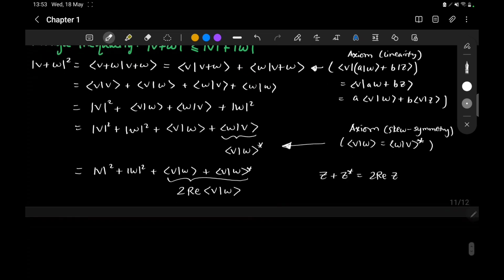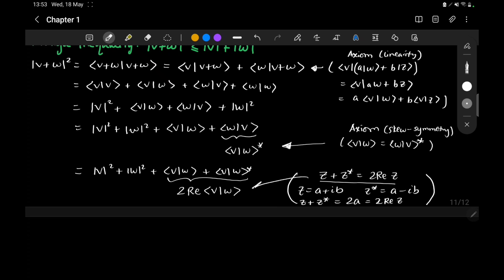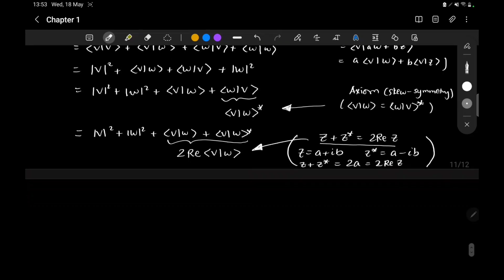And it is easy to see this. Let us say z equal to a plus i times b, then z star equal to a minus i times b. So clearly z plus z star is 2 times a, which is 2 times the real part of z. So using this, we get this statement.